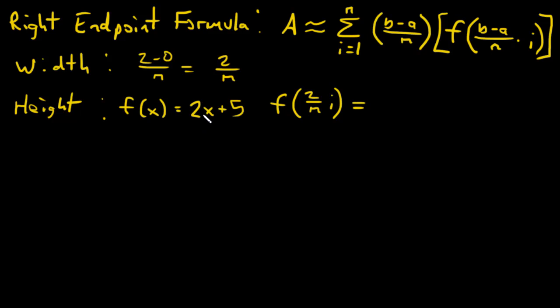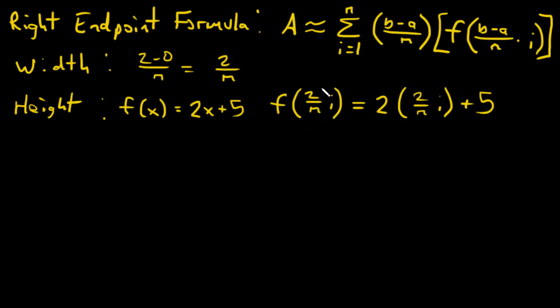Well, that would be 2 times (2 over n i) plus 5. Just like that. That is literally what I get when I plug in (b minus a) over n times i into my function.